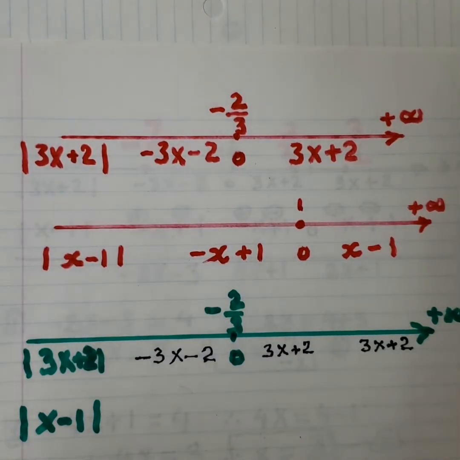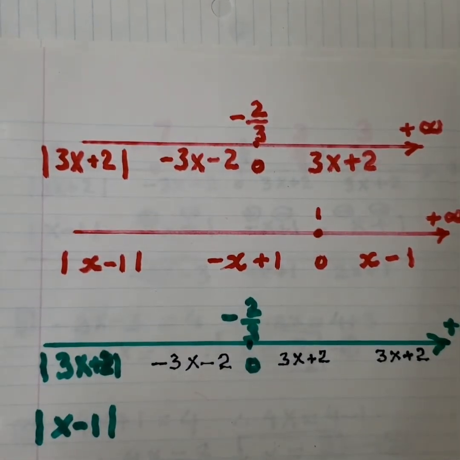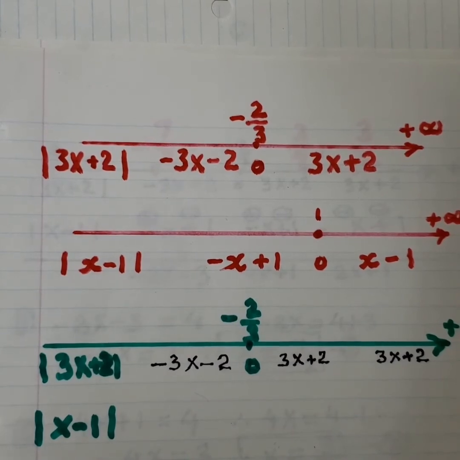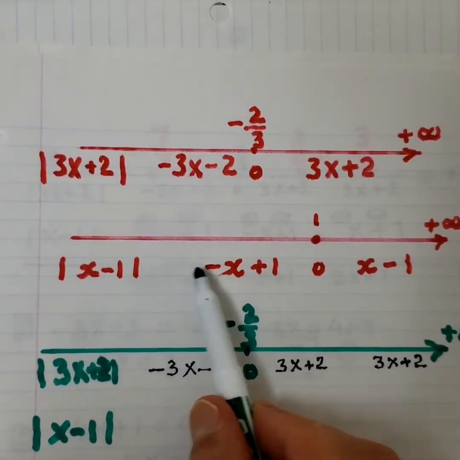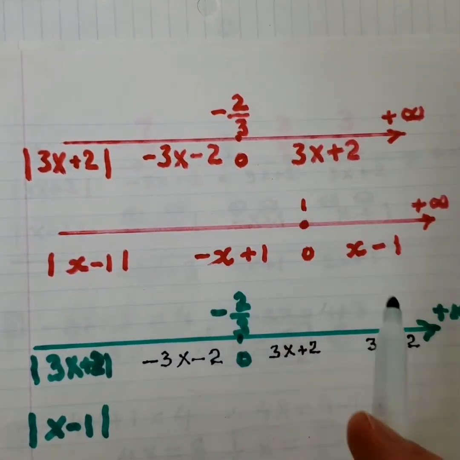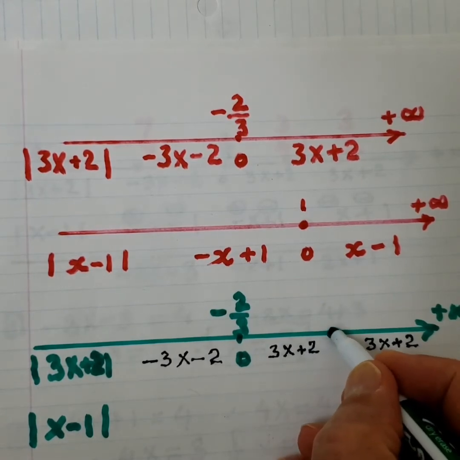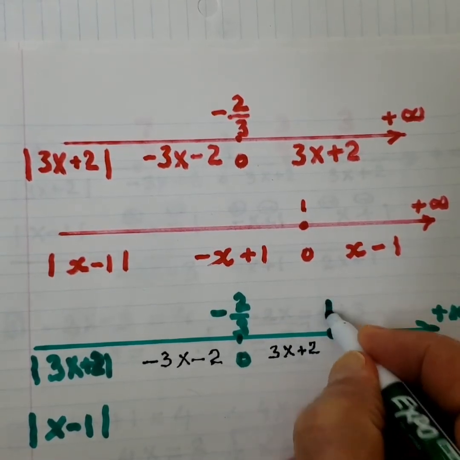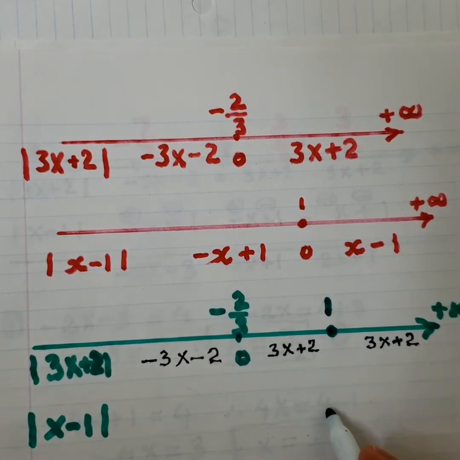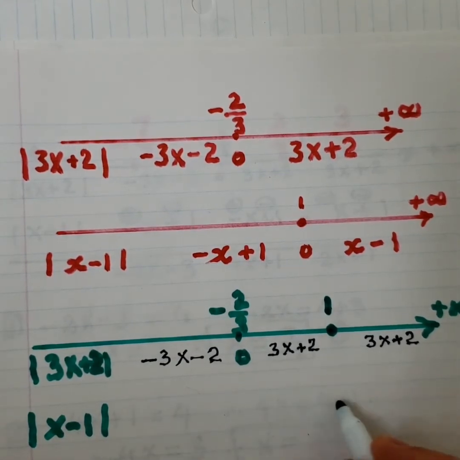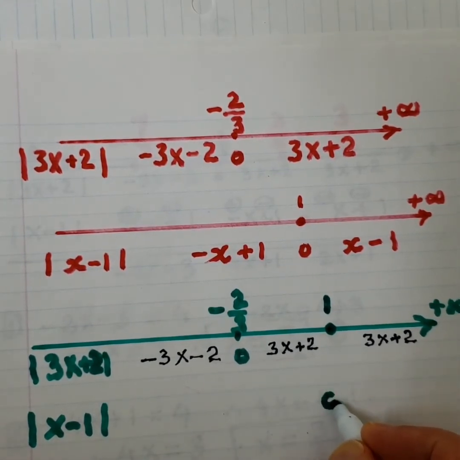Okay, now for the second absolute value, its 0 is at 1. If we consider 1 is here, under 1 we get 0 for the absolute value of x minus 1.